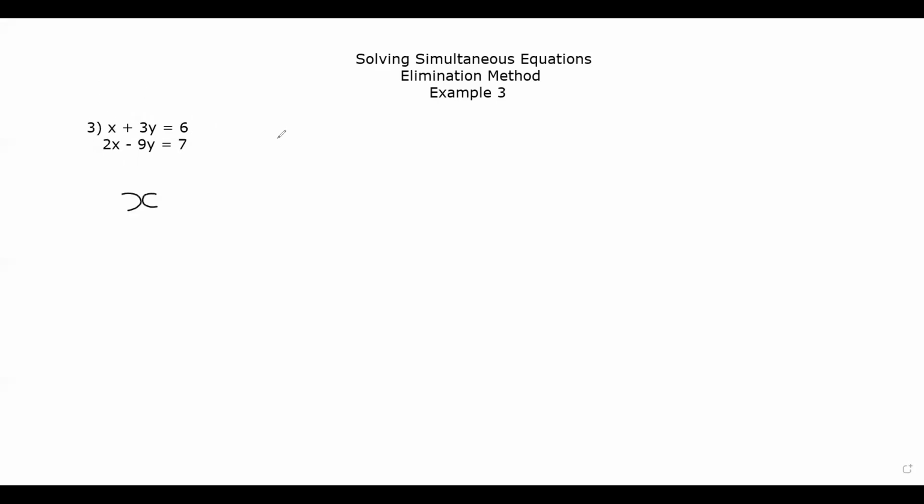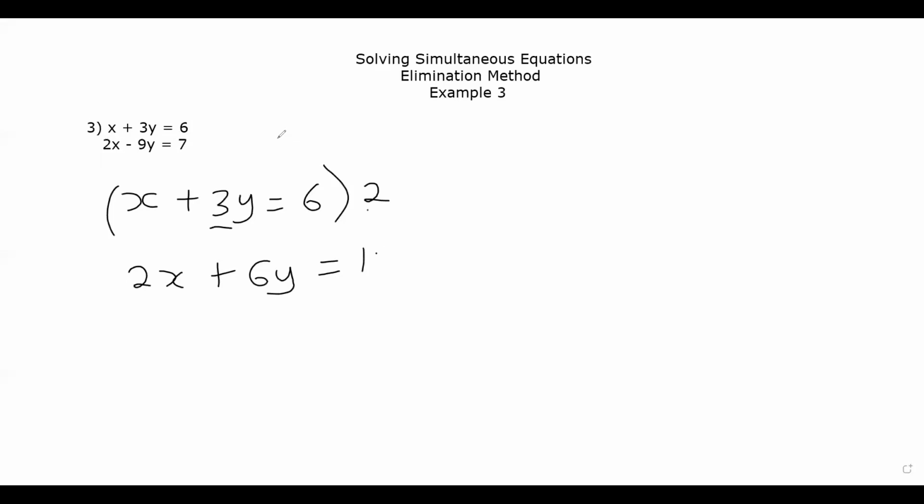The first equation is x plus 3y equals 6, and then multiply everything by 2. This gives me 2x plus 6y, because 3 times 2 is 6, and then 6 times 2 is 12. So on the equal side, I'll get 12.